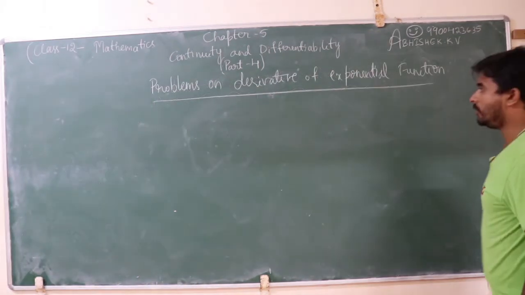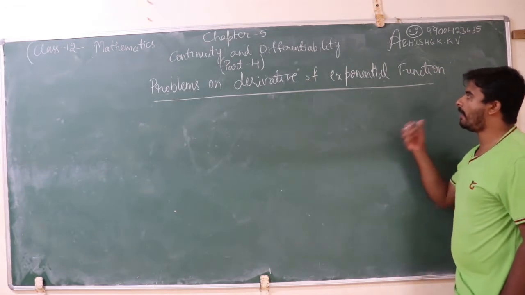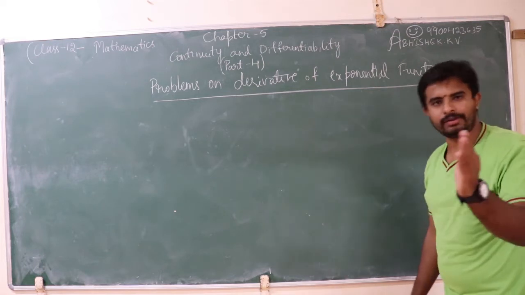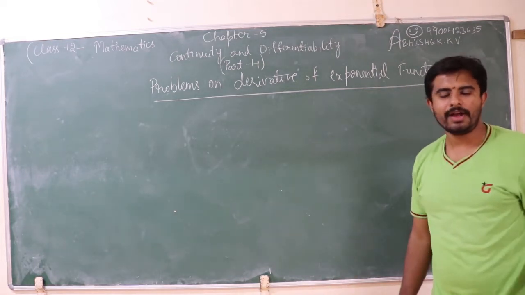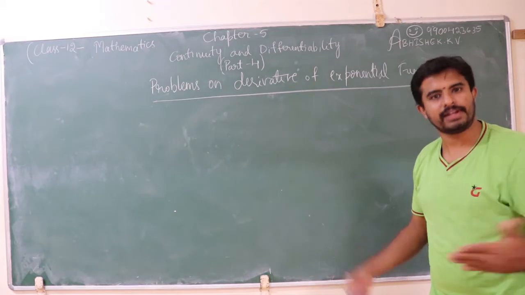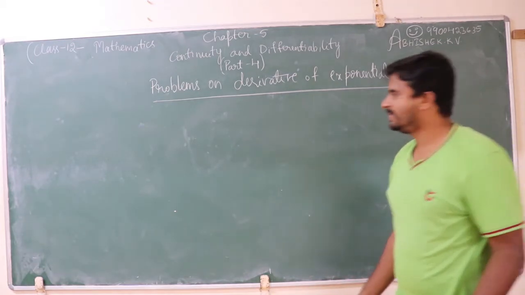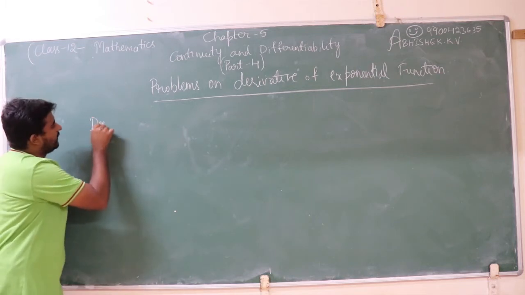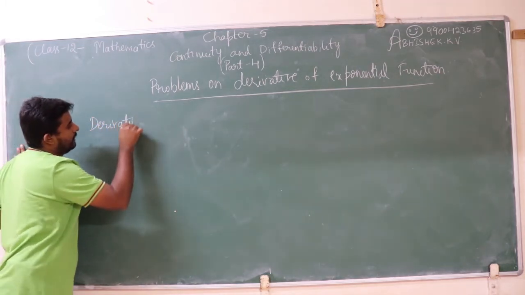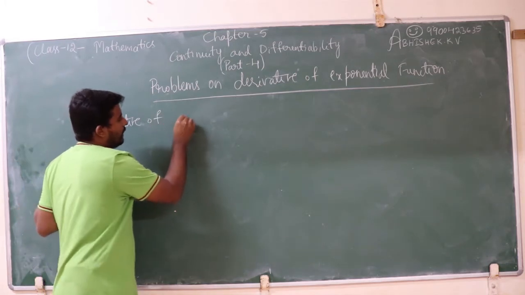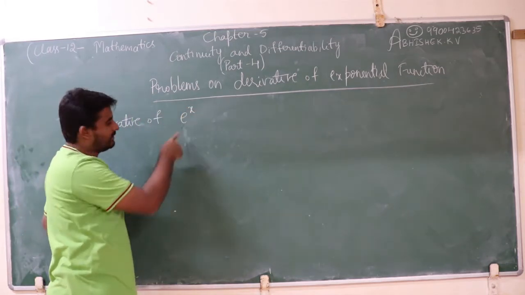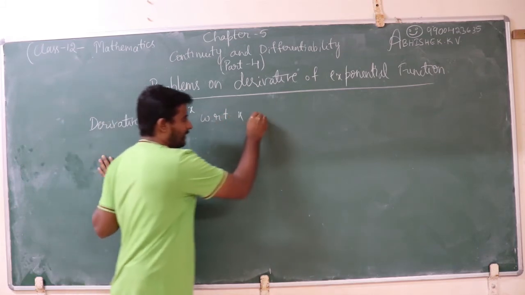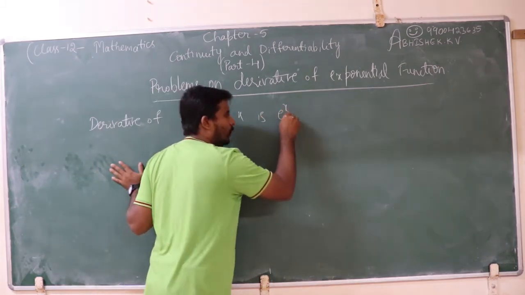Yes, let us move on to the problems on the derivative of the exponential function. Before going to solve the problems, first we should know what the derivative of the exponential function is, right? See, this is the main note. The derivative of the exponential function, that is e to the power of x, with respect to x is that function only.